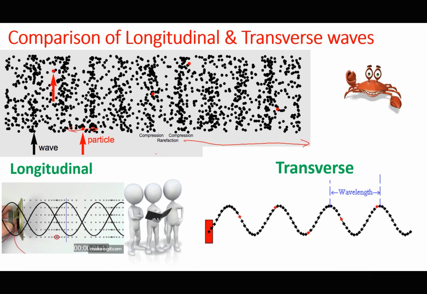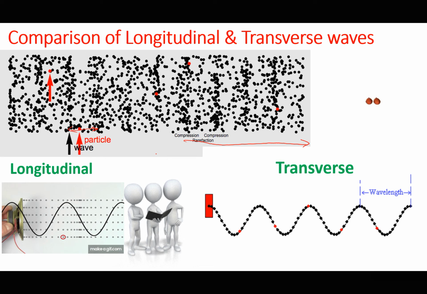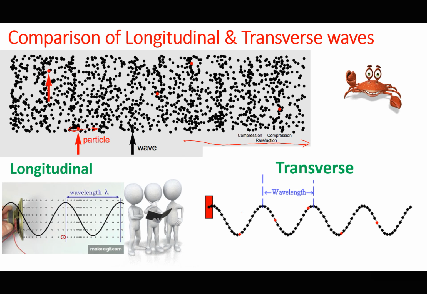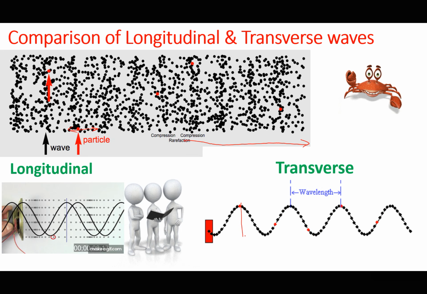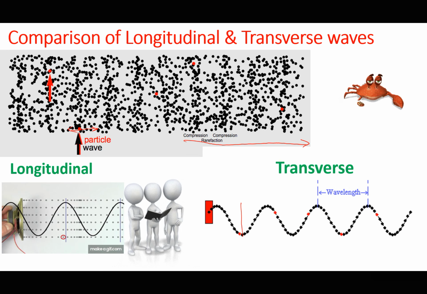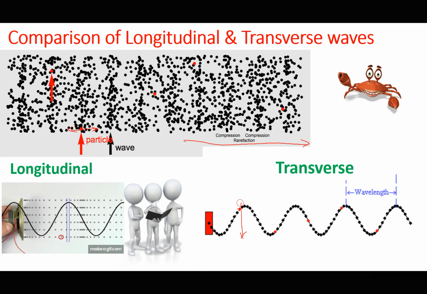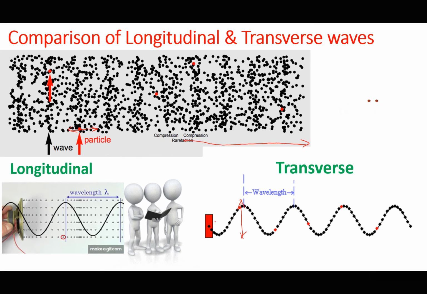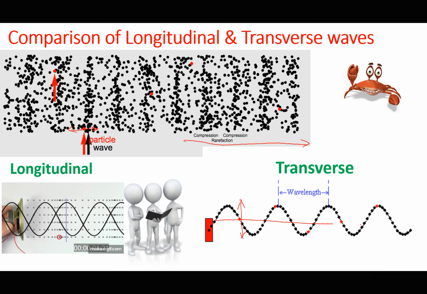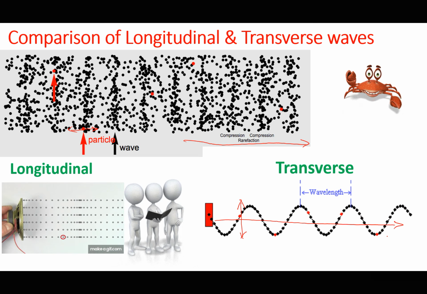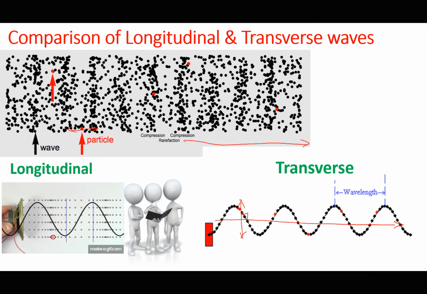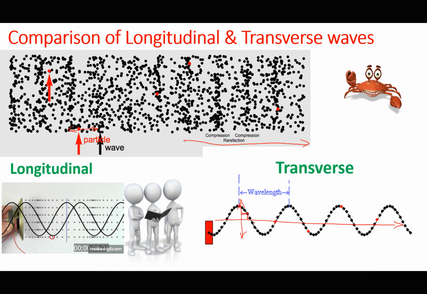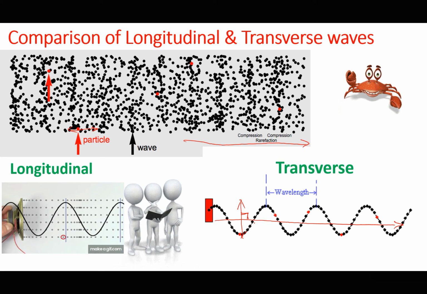Yet for a transverse wave, we notice that the particles vibrate up and down in this case. But the wave energy is propagating from left to right, which makes an angle of 90 degrees. So for transverse, the particles vibrate perpendicular to the direction of propagation of energy.